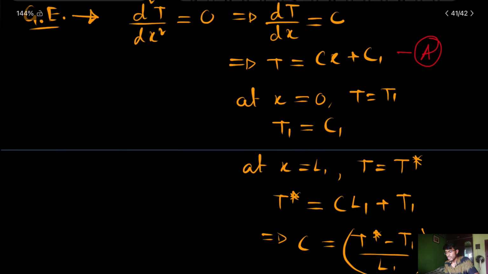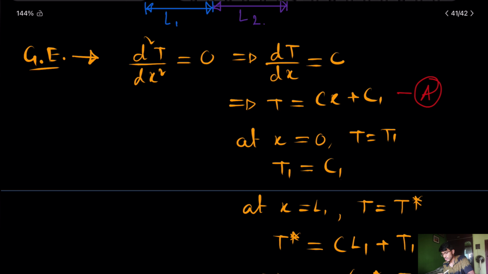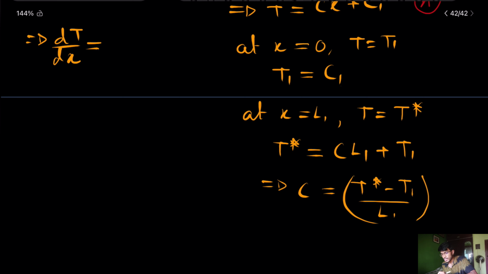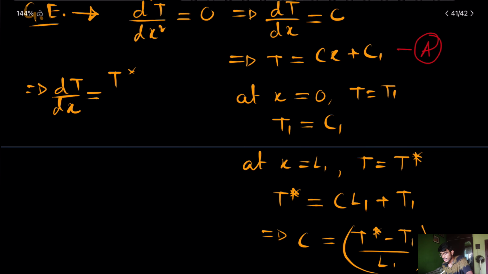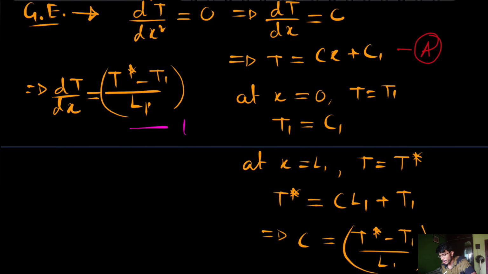That means my dT/dx over block 1 is equal to T star minus T1 by L1. Keep this equation in your mind. I am labeling this as 1.